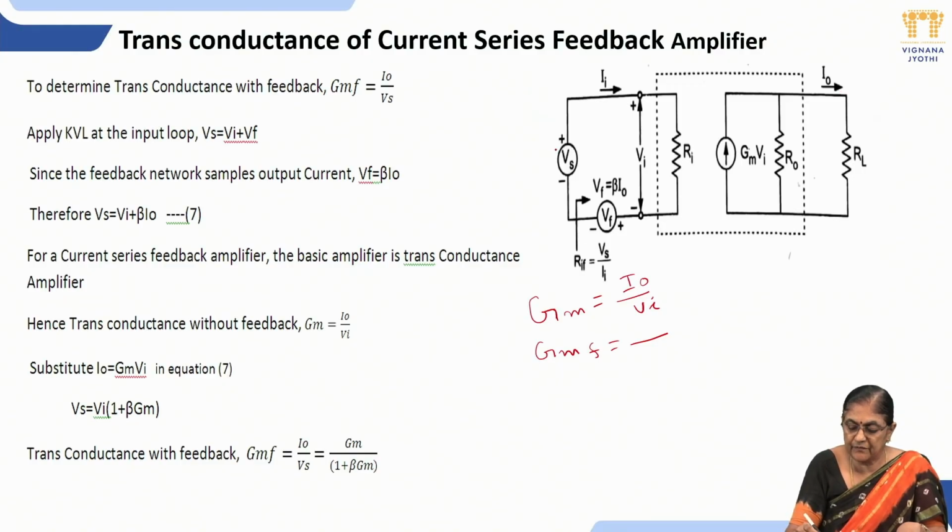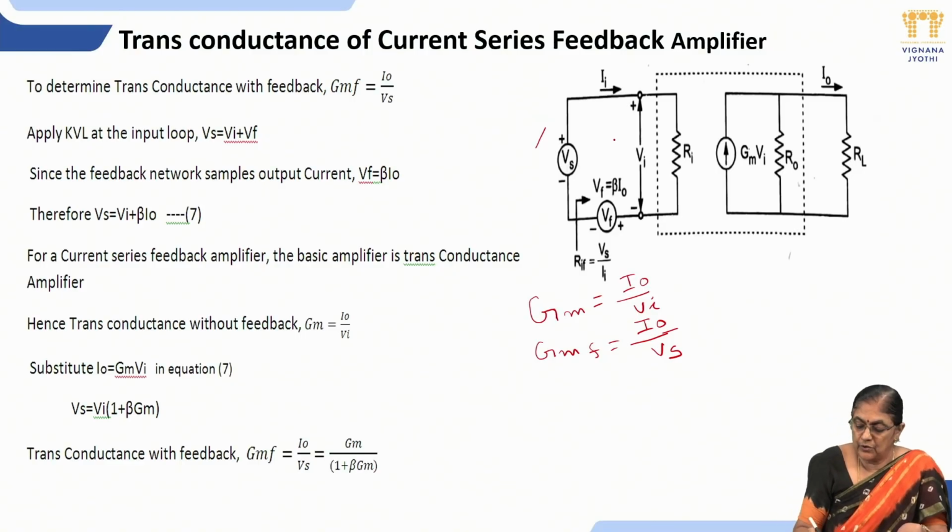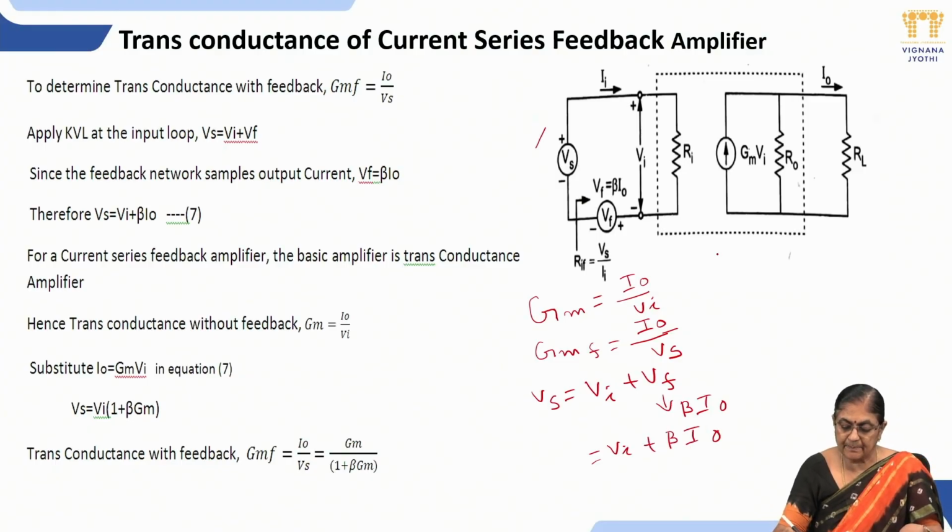And the input voltage of the feedback amplifier is Vs. Therefore GMF is equal to I naught by Vs. By applying KVL in the input loop, you will get Vs is equal to Vi plus Vf. But Vf is beta I naught. Then the above expression becomes Vi plus beta I naught.